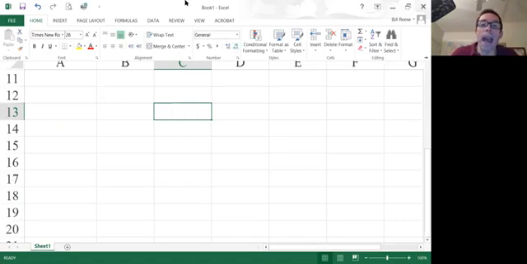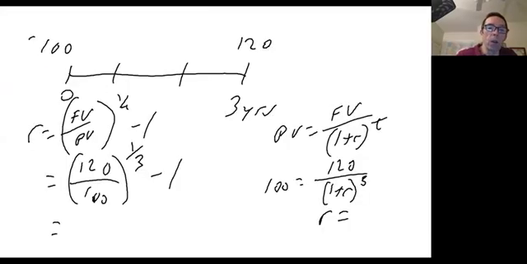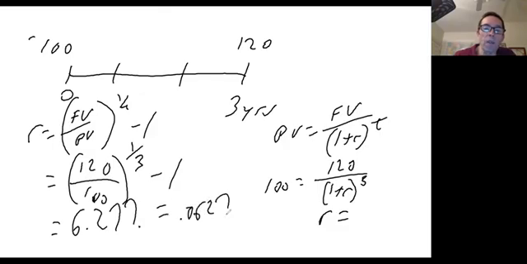So let's go back to our whiteboard here. And we're going to say, okay, here R is equal to all of this, and Excel just did that math problem, and it ended up getting 6.27%. And it's okay to say that that is 0.0627, but you don't say it's 0.06 or 6%.